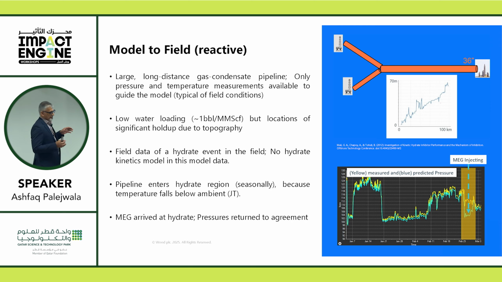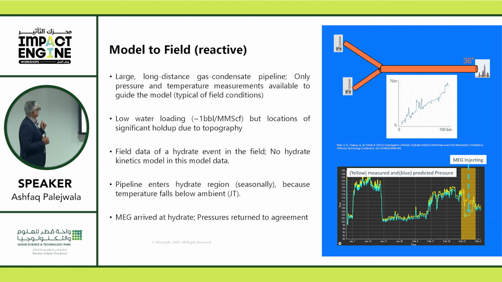Okay, now here is a real-life example where you do not have the hydrates kinetic model, but you have an ideal process simulator. This system was a large long-distance gas condensate pipeline, where the only measurements available to the operator were pressure and temperature.